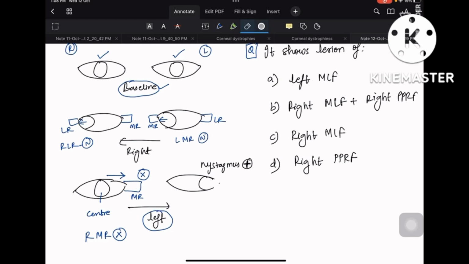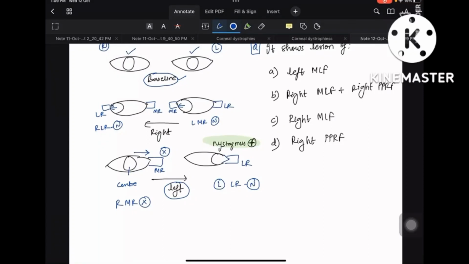Whereas here, look at this muscle, the left lateral rectus is normal, and they have already mentioned that there is nystagmus seen in this patient in the left eye. So let me write it for you. This is showing right-sided MR lesion, right? MR is for adduction, whereas LR is for abduction.